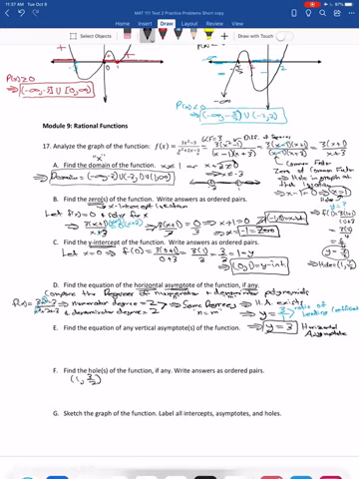Now, how about the vertical asymptote? A vertical asymptote is the equation of a vertical line that shapes our graph. And with that said, vertical asymptotes come into play with our undefined values, the zeros of the remaining denominator factors.